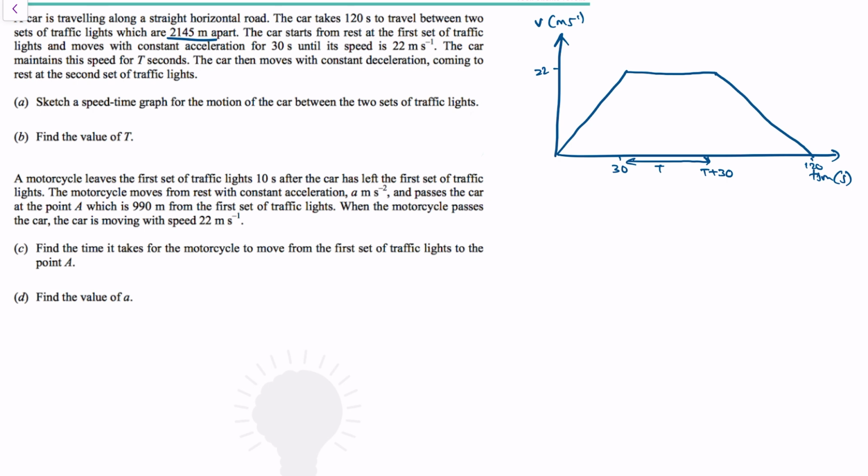Next part is B: find the value of t. So this distance is the area under the graph, which is equal to 2145.